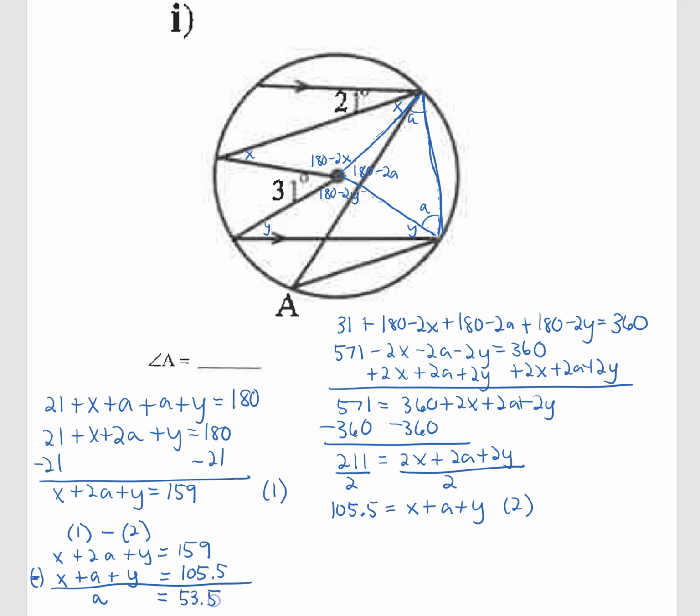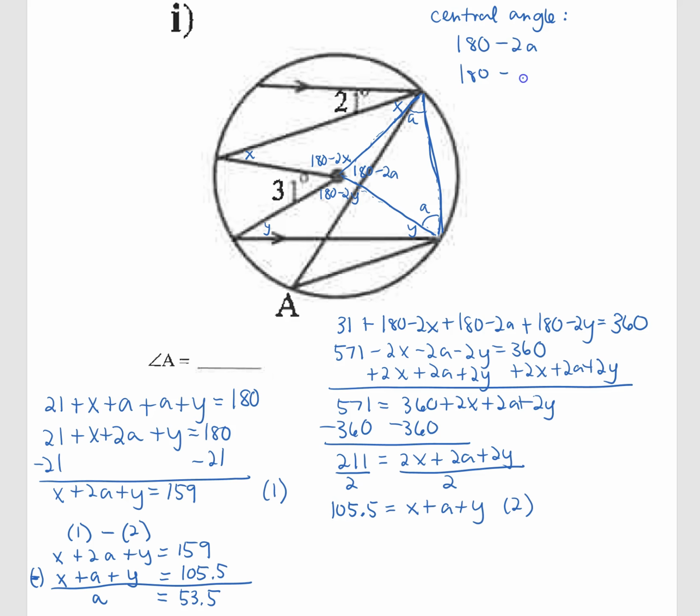So we've gotten lucky here, and our x and y variables have canceled out, and we're left with a, which if we look at our diagram, that's what we're really interested in. We're interested in this central angle, which is in terms of a. So now that we know A, we can figure out what the central angle is. So our central angle is 180 minus 2A.